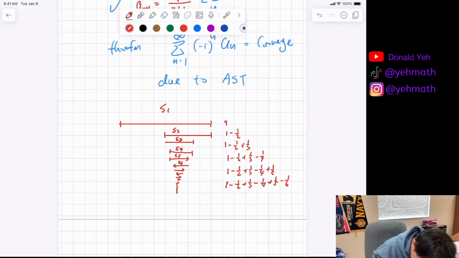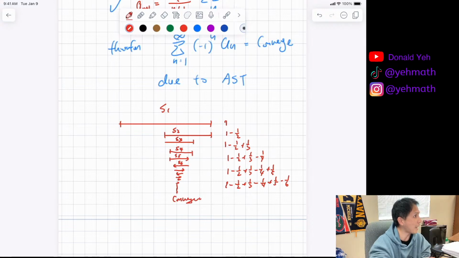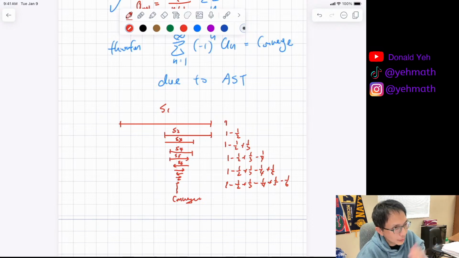So eventually it's going to converge. That's the illustration of what happened. You know what the actual number is? We don't know, but we can get very close, and we're going to talk about the alternating series remainder. That's the thing you have to understand.